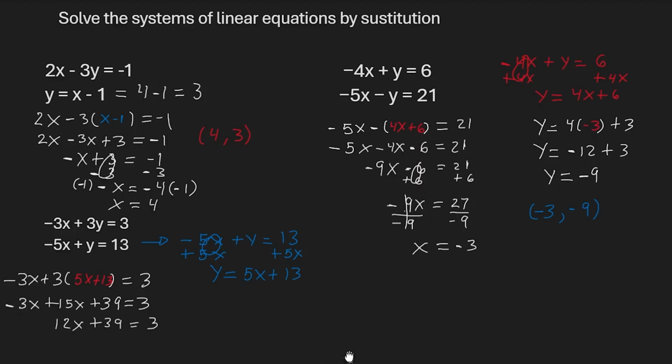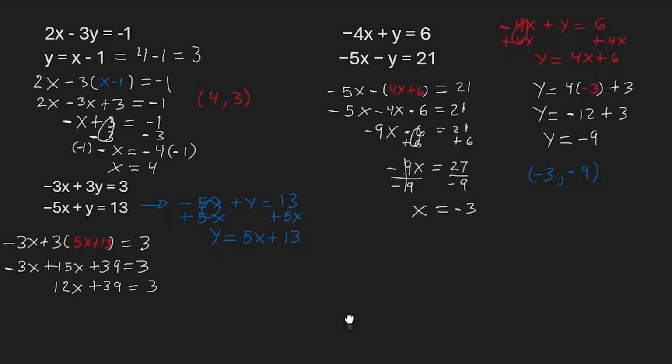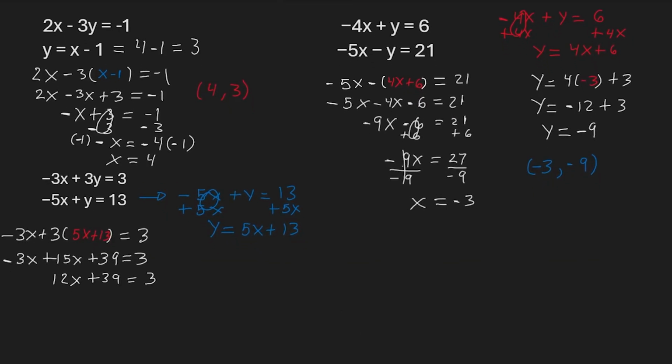The next step, what I'm going to do now is solve for x. So I have to get rid of this 39. Because it's positive, I'm going to do the opposite, subtracting 39. Adding this, we're going to get 0, so it's going to cancel, right?